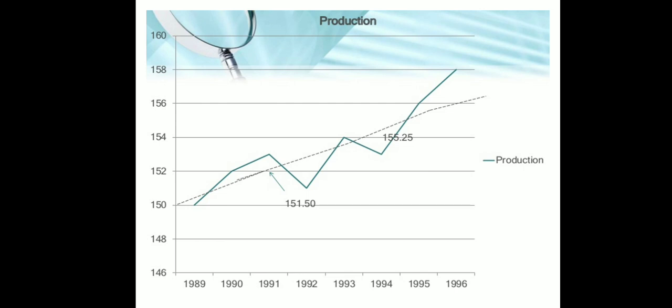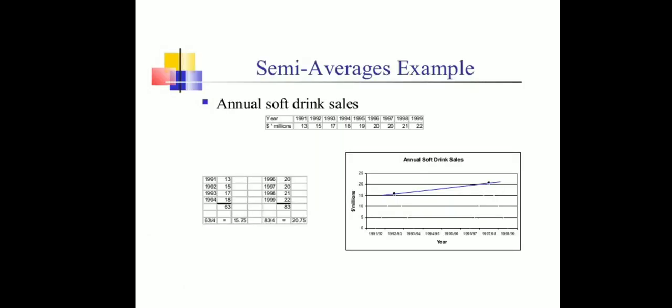One straight line is the trend line through the two semi-averages. The two points are 151.50 and 155.25. These points are plotted on the graph paper, and if you join these 2 points, that gives a straight linear trend line.